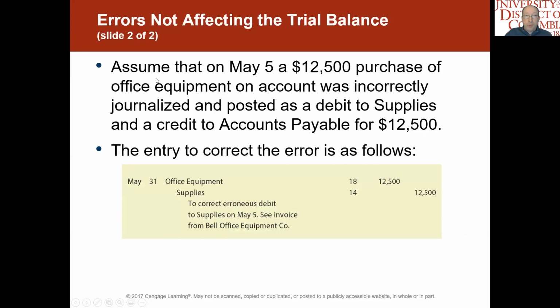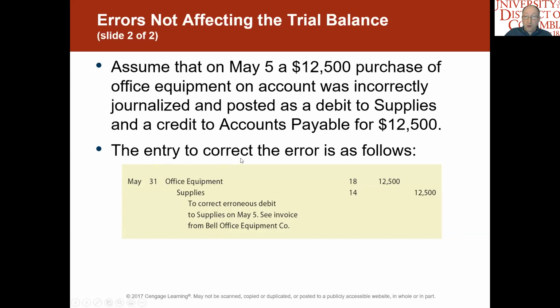So here's an example. On May 5th, 12,500 purchase of an office equipment on account was incorrectly journalized and posted as a debit to supplies and a credit to accounts payable for 12,500.